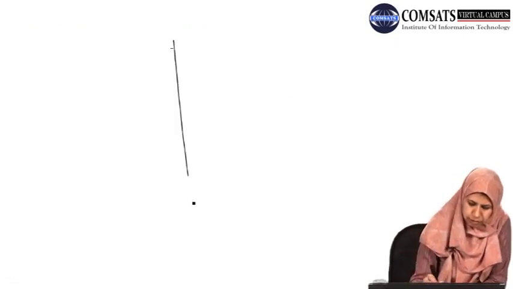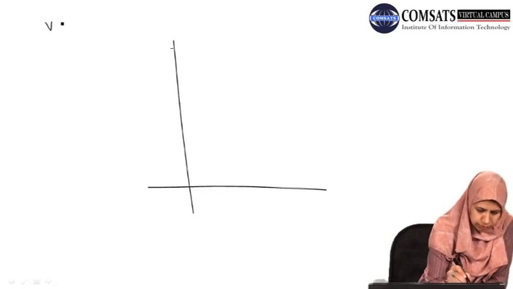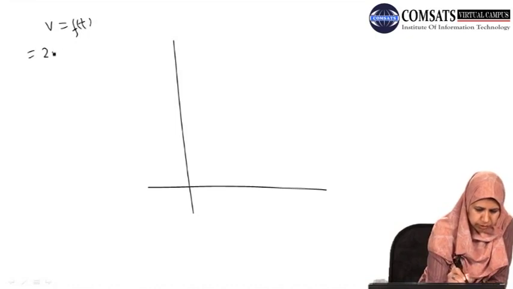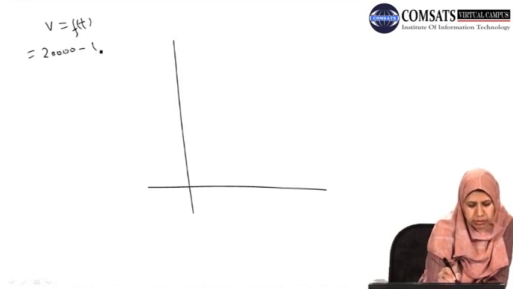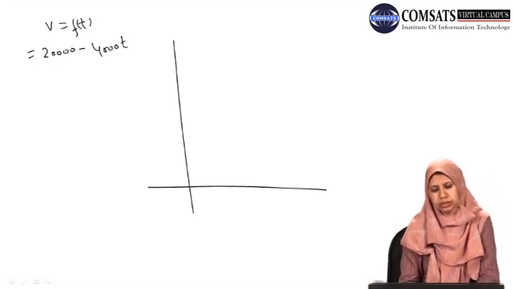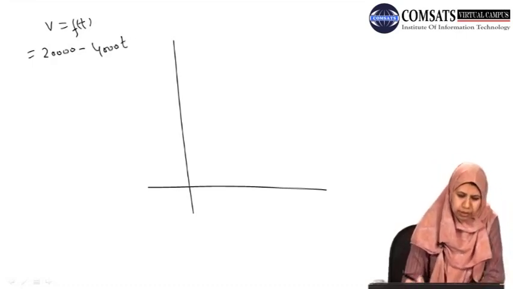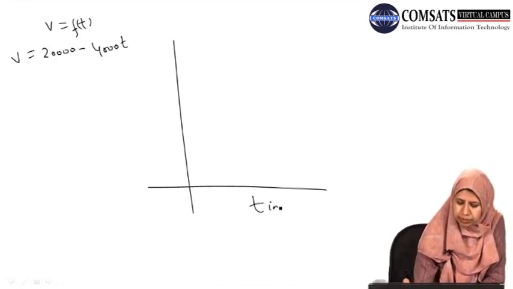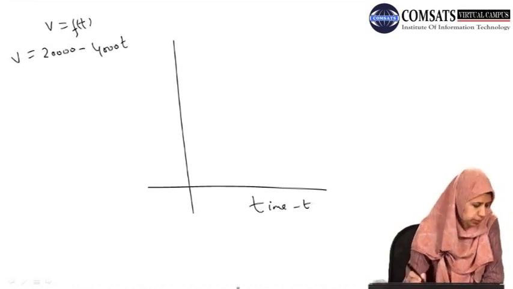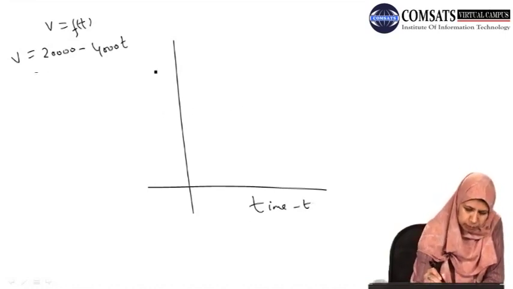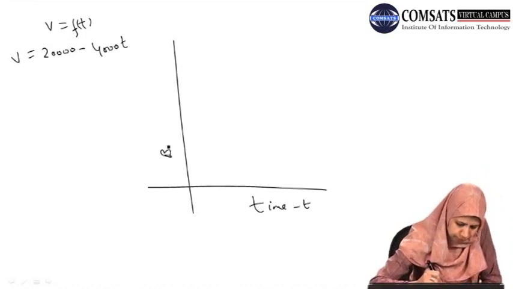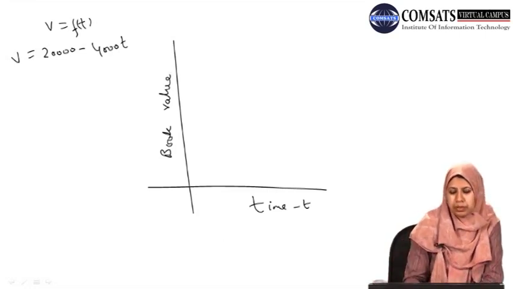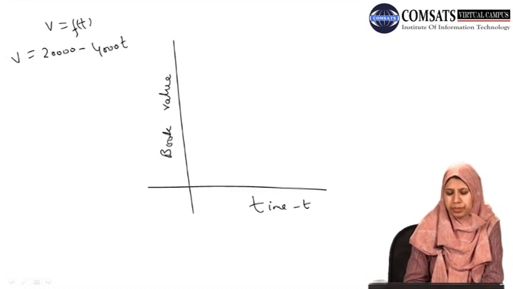Now if we plot V as the function of time, which is 20,000 minus 4,000 t, then we can see that here time t is the independent variable and V, which is the book value, is the dependent variable.